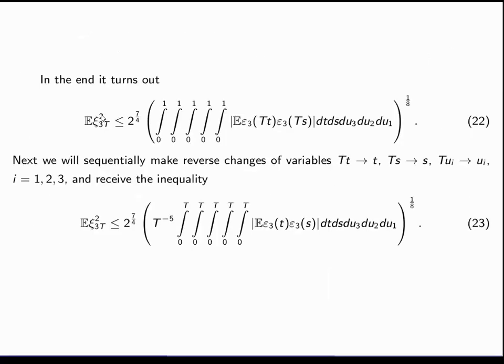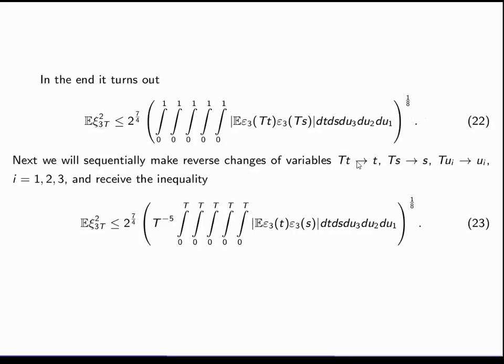In the end, it turns out that the second moment of the process psi 3 of t has such an upper bound that is given by formula 22.